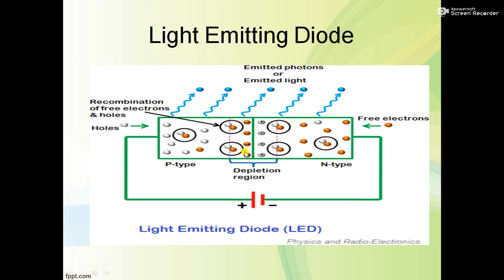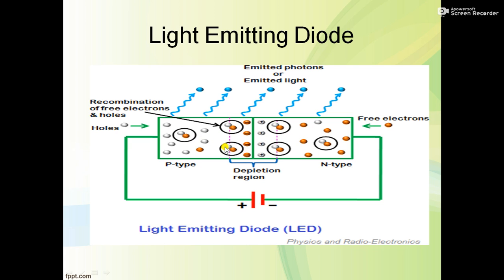At the same time, what happens when we apply this positive external DC voltage? The holes in P type recombine with the N type semiconductor material. Similarly, the electrons in N type recombine with the P type semiconductor material.